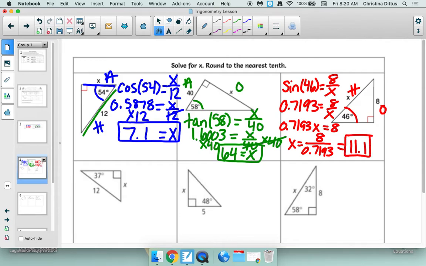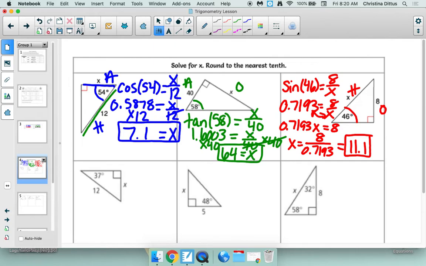Okay. Here's a little trick that I do. Since every time x is on the bottom, you're going to have to multiply by this and then divide by the decimal, I just flip these two around. Because that's ultimately what ended up happening, right? X went over here by itself and the decimal went where x is. So if you need to do these steps, that's totally cool. Shortcut way, you just have to flip your x and your decimal.